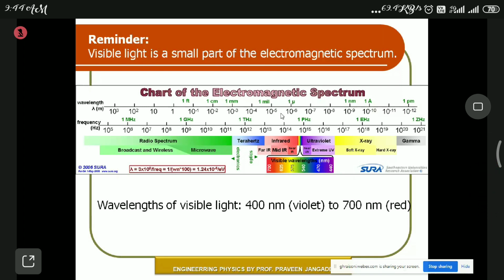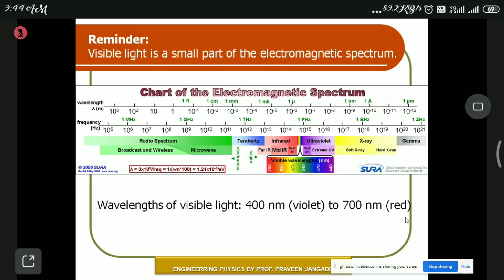The electromagnetic spectrum has a very wide range, and among this range there is a small part that is the visible wavelength. What is the visible wavelength? It is in the range of 400 nanometer to 700 nanometer. As you know, 400 nanometer corresponds to the violet color and 700 nanometer corresponds to the red color.